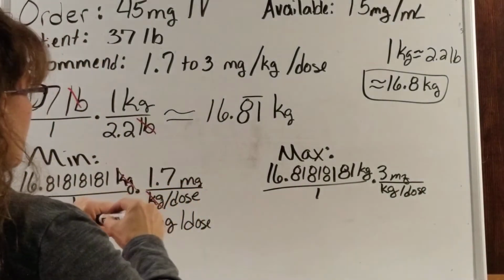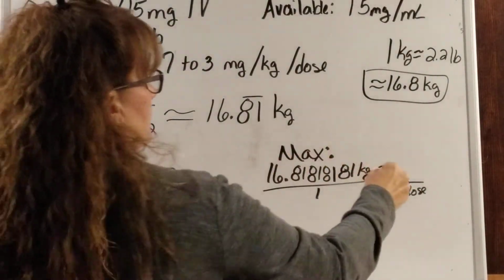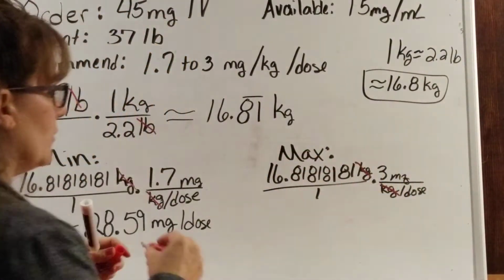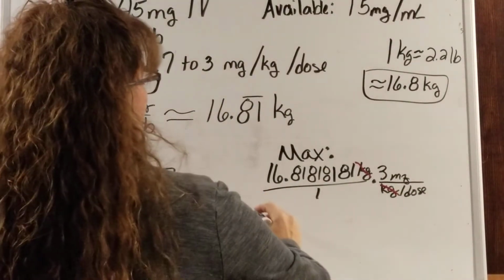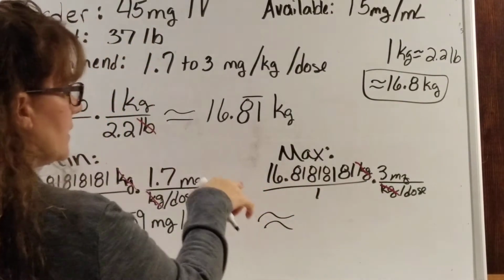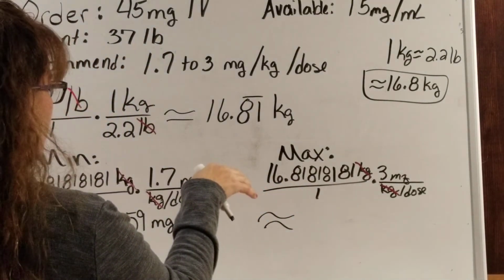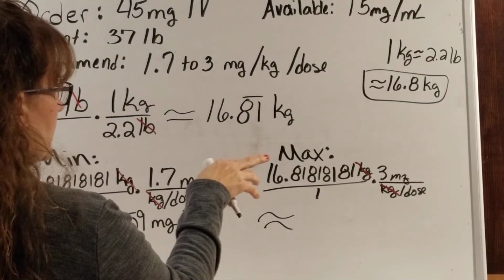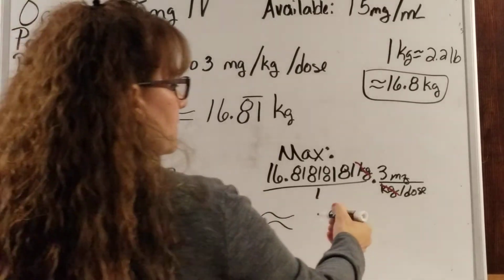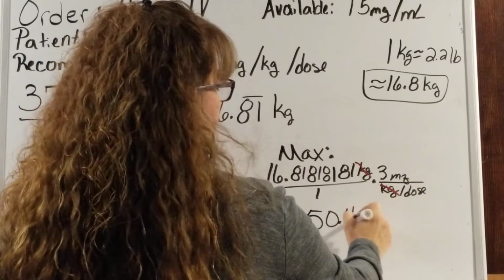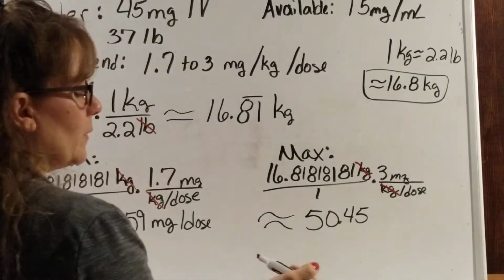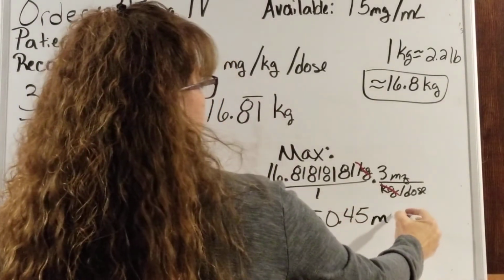Let's mark out whatever units will reduce. If we're left with what we wanted, we are good. So I'm going to put my approximation sign. I have 16.818181 times 3, which is 50.45, repeated somewhere around, to the nearest hundredth.